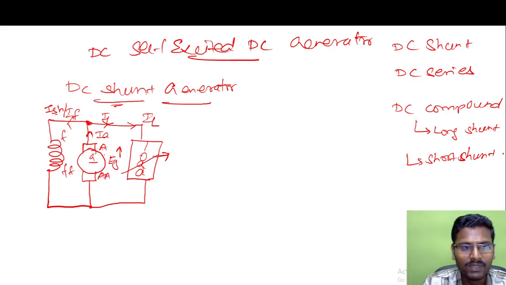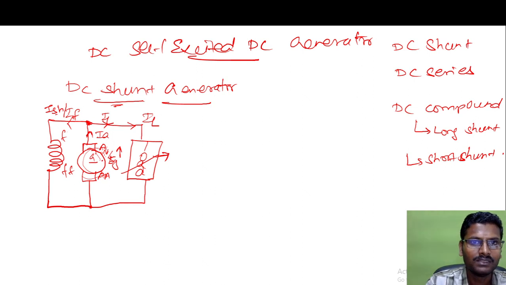So with this principle, the armature conductors placed on the armature slots will produce flux lines due to residual magnetism, and these flux lines will be very less compared to the separately excited field winding, right?